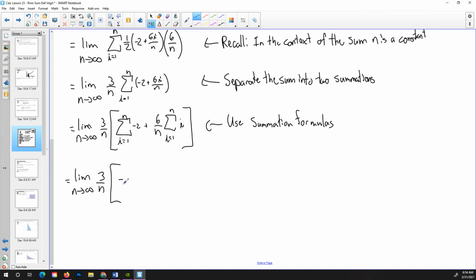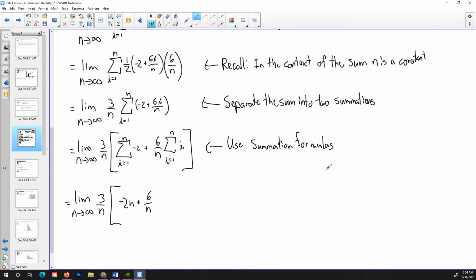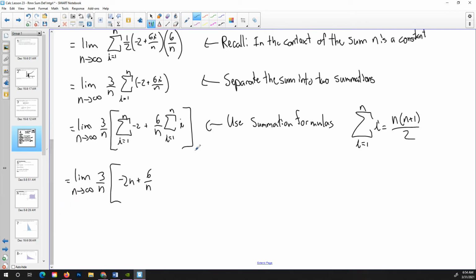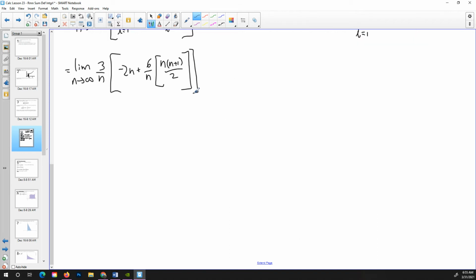So this becomes negative 2 times n plus 6 over n. And then if you recall, the sum as i goes from 1 to n of just i was n times n plus 1 all over 2. So we're going to do that substitution as well. And so here I've got n times n plus 1 all over 2, parenthesis to make it look correct there.